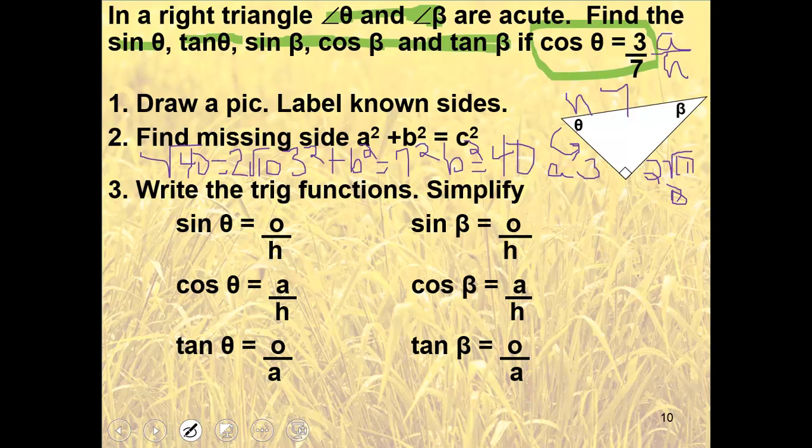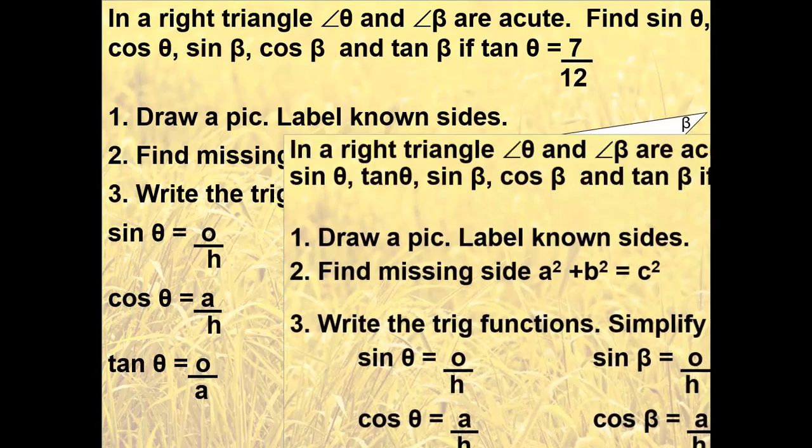Now opposite is 2 square roots of 10 over 7. The adjacent we were given, that's 3 over 7, so you just rewrite that. And then the tangent of theta is the side opposite, 2 square roots of 10, over 3.